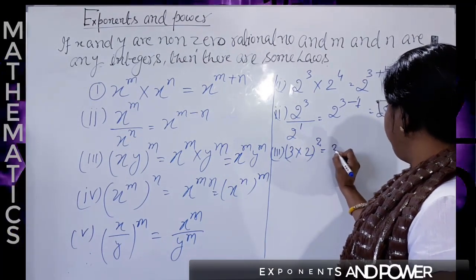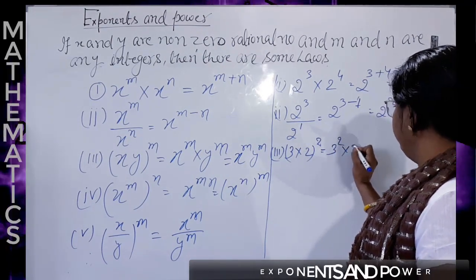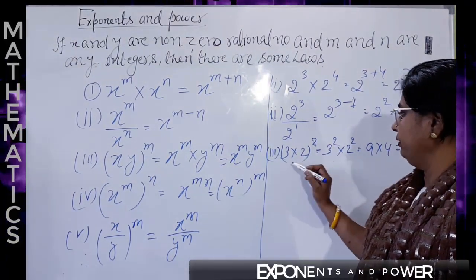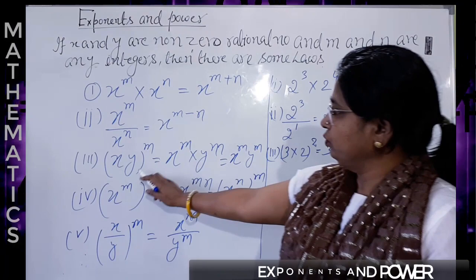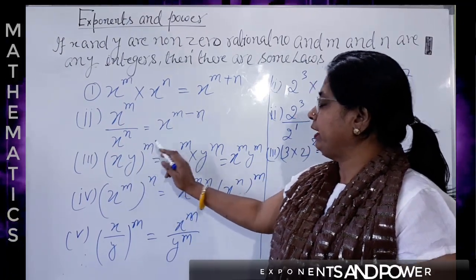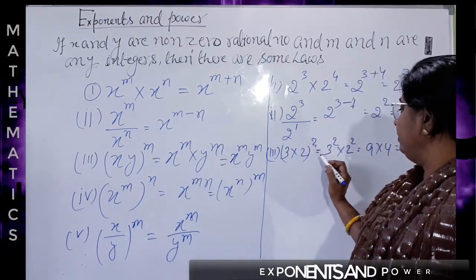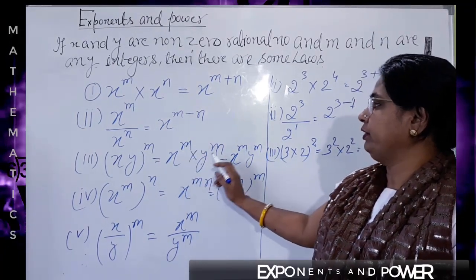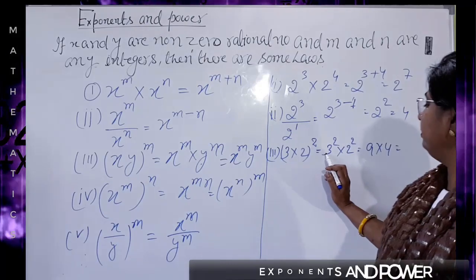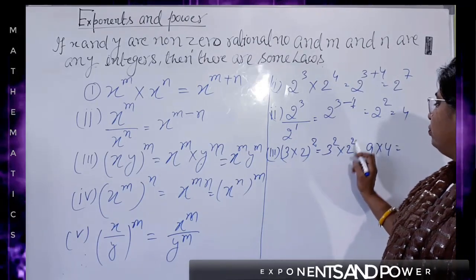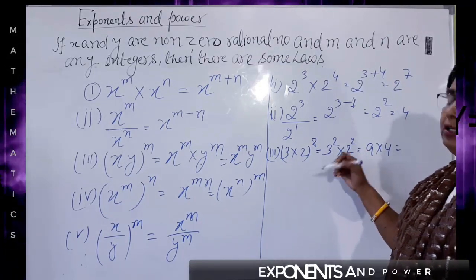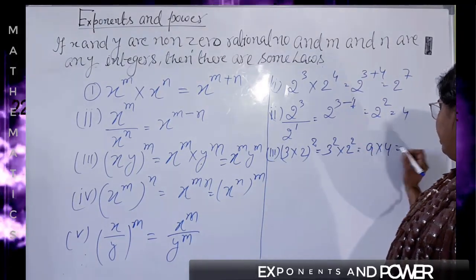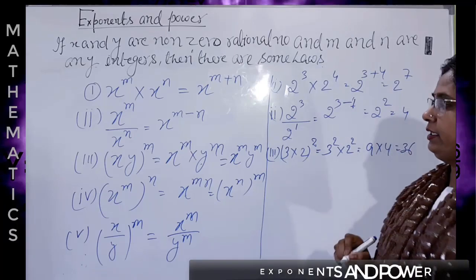It is 3 into 2 whole square, power is 2, xy whole to the power m, m is 2, then individual x to the power m into y to the power m, there I will write 3 square into 2 square is equal, now simple multiplication, 3 3s are 9 and 2 2s are 4 and 9 4s are 36, like this.